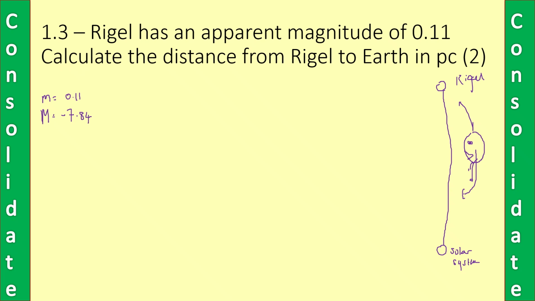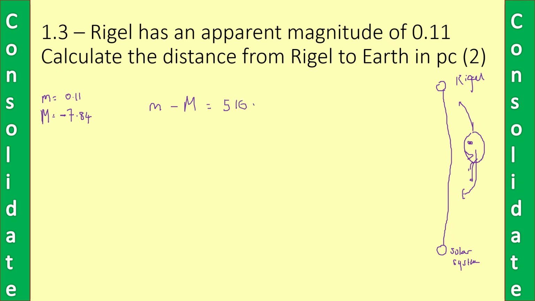Now, I'm not going to go into the whole scale, but remember, apparent magnitude, how bright it appears to be from Earth, and the absolute magnitude, how bright would it appear if it were 10 parsecs away from us. Remember, the smaller, the brighter, and the more negative, the brighter. So Rigel has an apparent magnitude of 0.11. We need to calculate the distance between the two, and of course, we're going to use this equation here from our formula sheets.